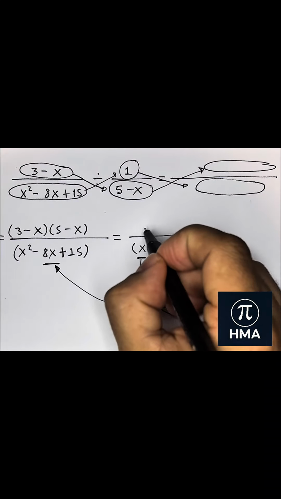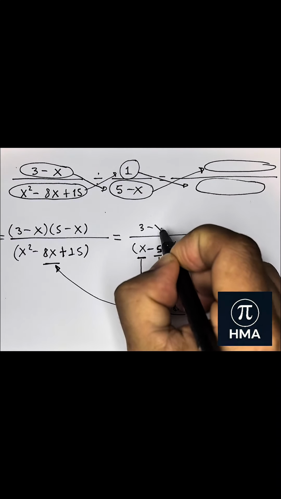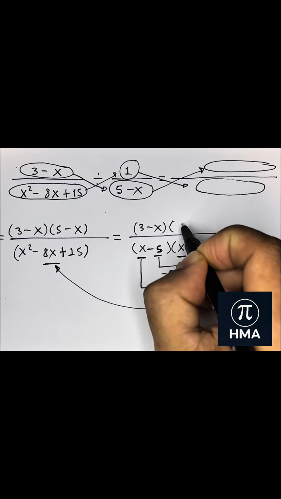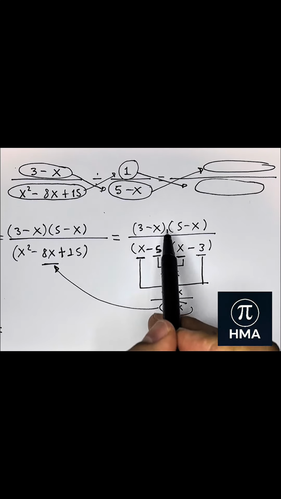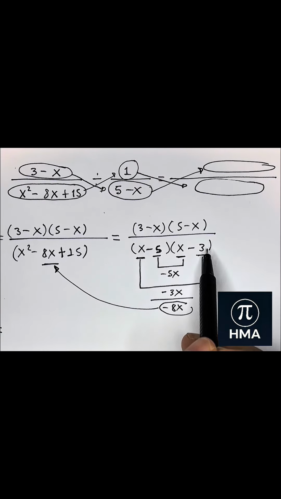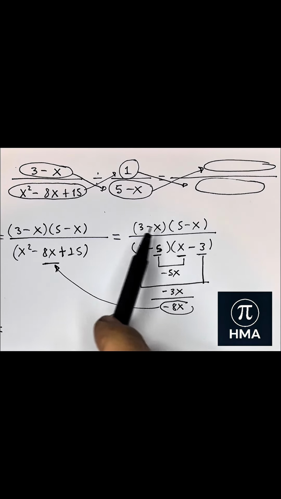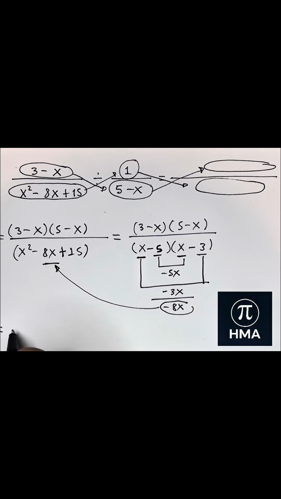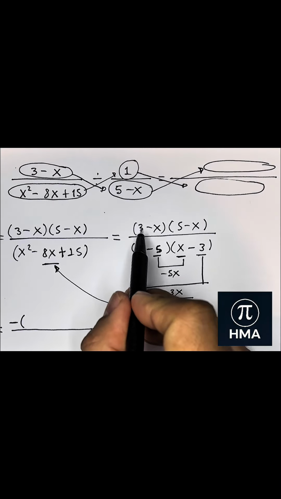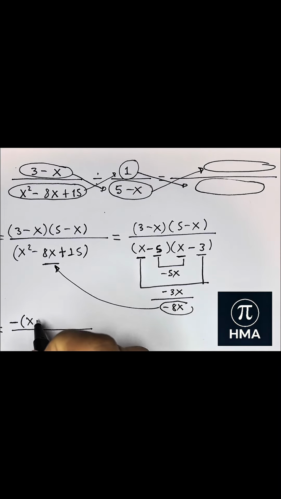And in the numerator we have 3 minus x and 5 minus x. We have 3 minus x, and in here we have x minus 3. They are the same terms, but the terms inside each parenthesis are swapped. So we'll take out a negative in the numerator, and then I can swap these two terms here, x minus 3.